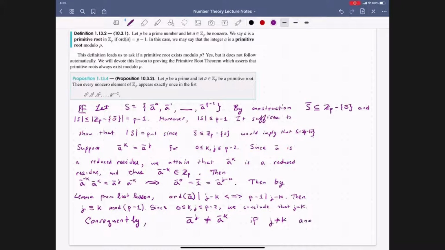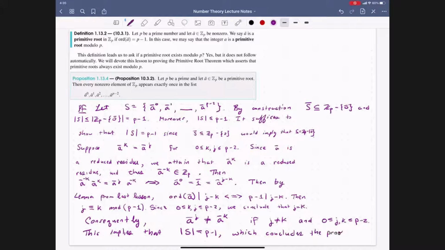And here, of course, we're making the assumption that the j's and k's are between 0 and p minus 2. So this implies that the cardinality of S is equal to p minus 1, which concludes the proof, as that's what we said that it suffices to show. And so now we're done.